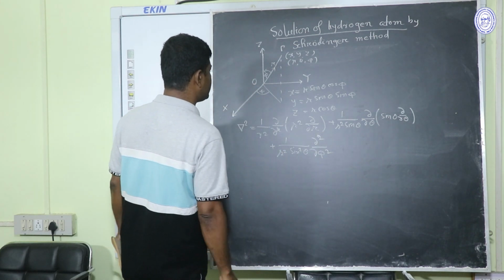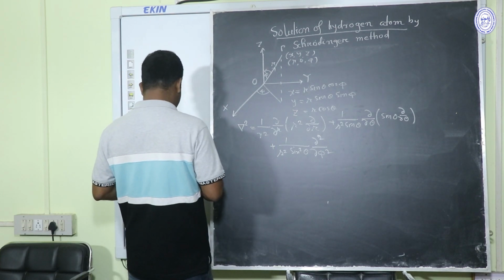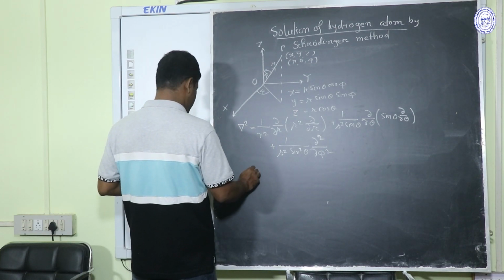This is the Laplacian operator in three-dimensional spherical polar coordinates, and the Hamiltonian operator will be like this.